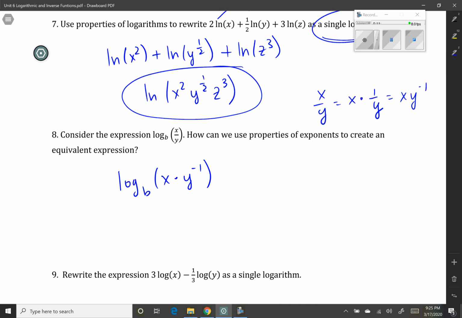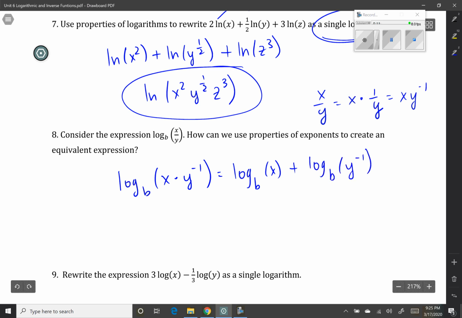Now, using this property that we've just used, we can say, well, that's log base b of x plus log base b of y to the -1. But we know that exponents become coefficients, so I could say log base b of x plus -1 log base b of y.